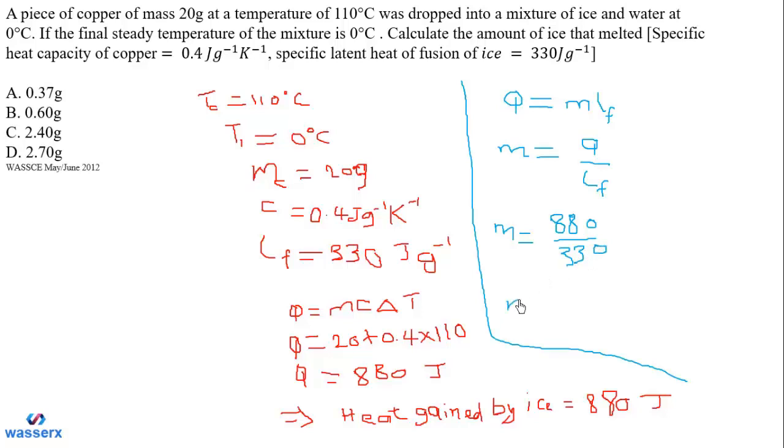And this will give us 2.667, which is the same as 2.7 grams. So the amount of ice that melted was 2.7 grams. Therefore, the correct answer is option B.